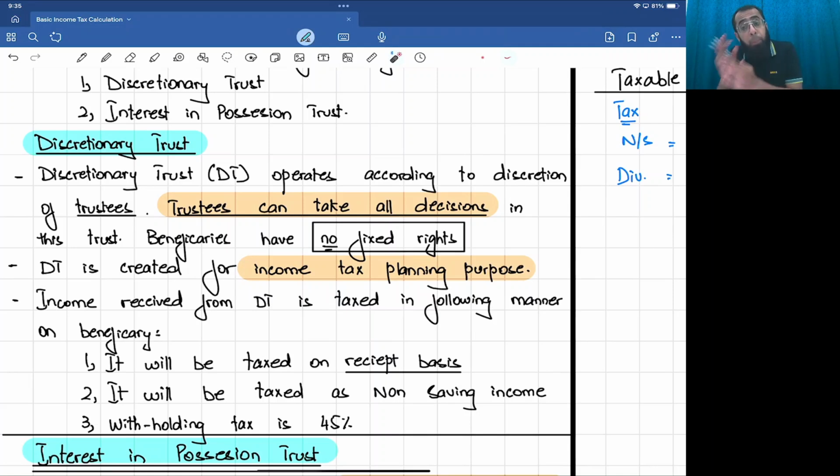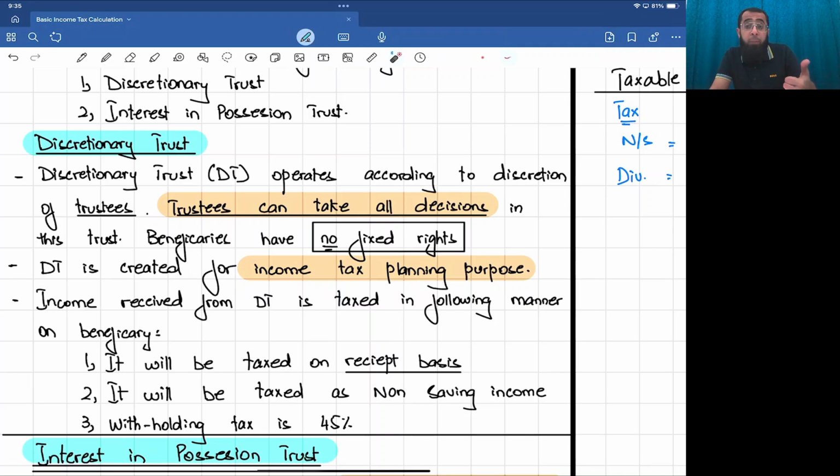It is created purely for income tax planning purposes, where a trustee does income tax planning by changing the beneficiaries. And we never give control of our assets to any unknown person. Normally, in a discretionary trust, the donor himself becomes the trustee or makes his family members trustees. The objective here is to do income tax planning.